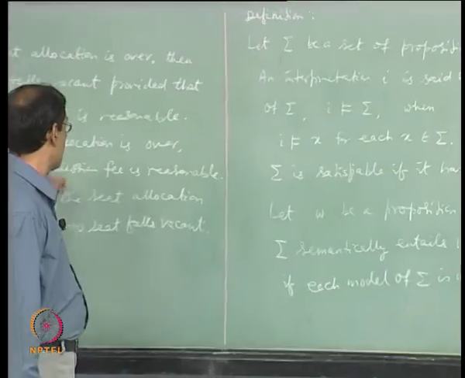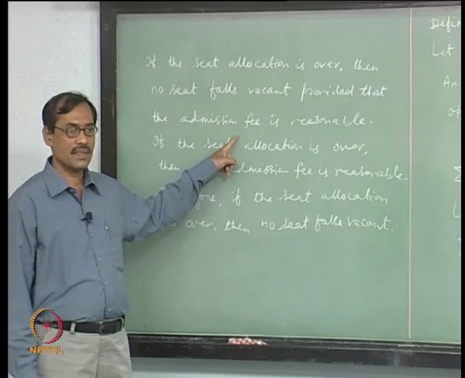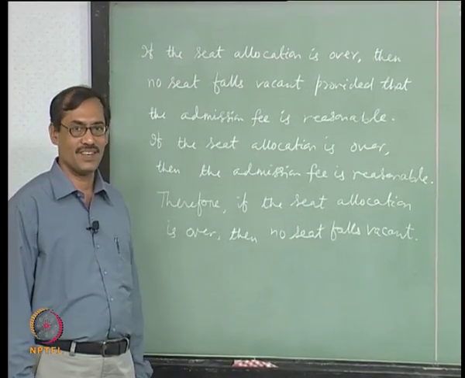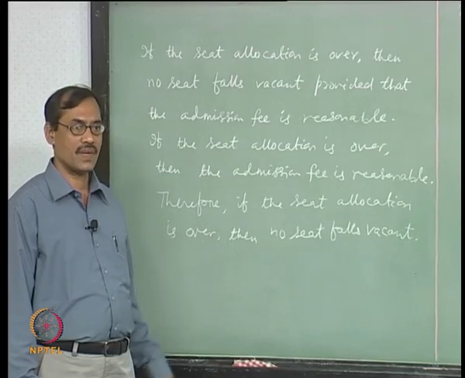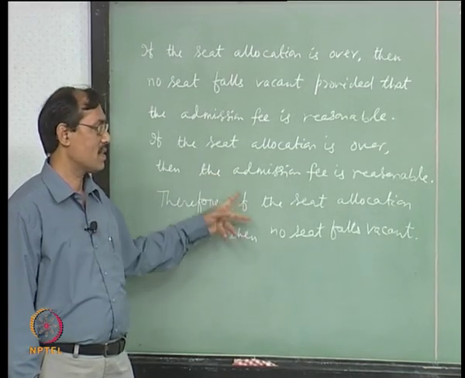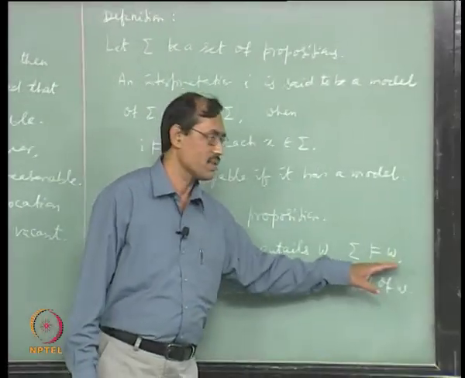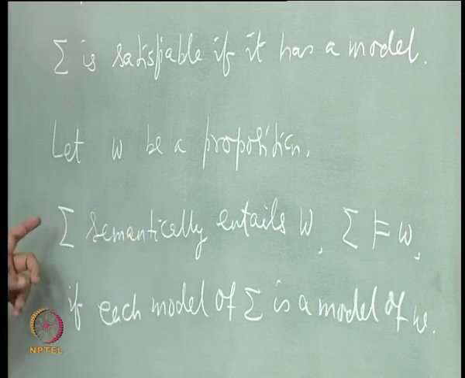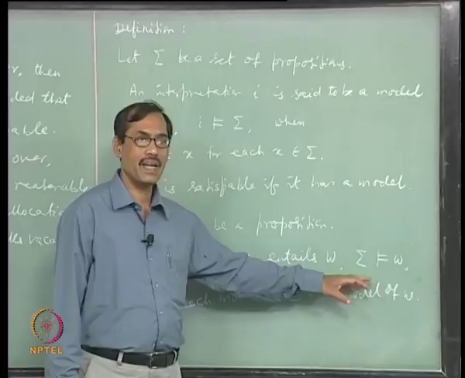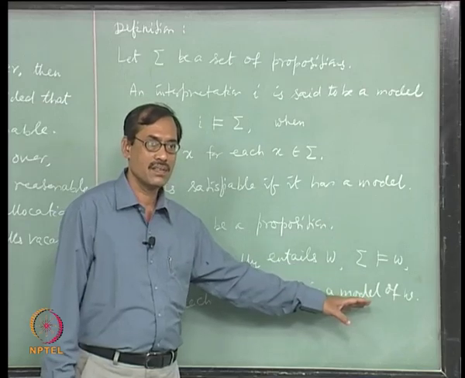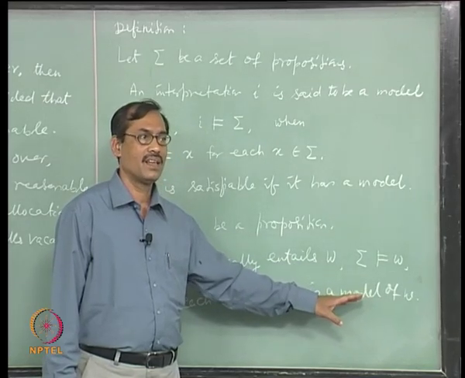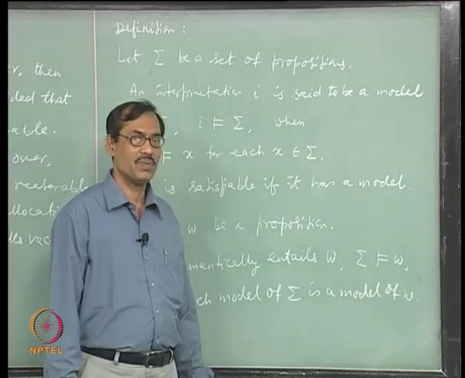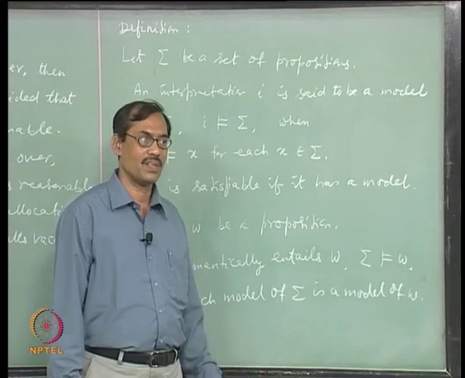So, if such an argument comes, how are you going to proceed? We have a formal definition now. First thing is you have to write it as an entailment, as a consequence. Sometimes we omit the adjective semantically, sigma entails W, but sigma entails W means the argument is correct, that is what we are writing cryptically without introducing what a consequence is. So, we introduce cryptically the notion of consequence.